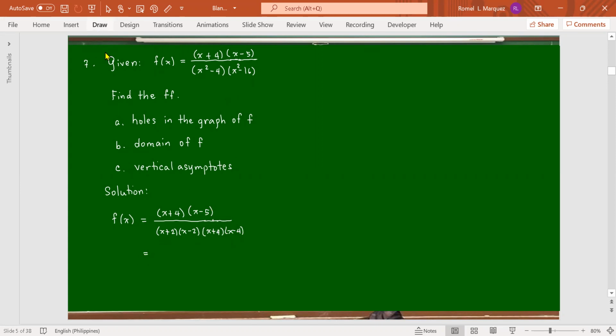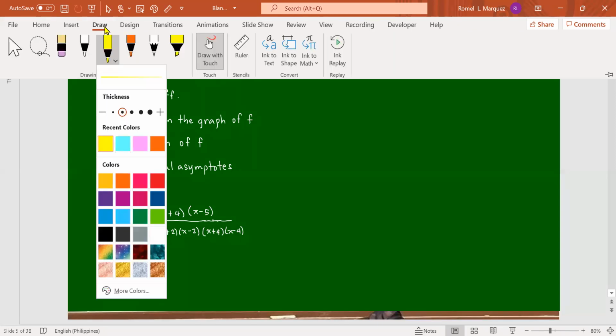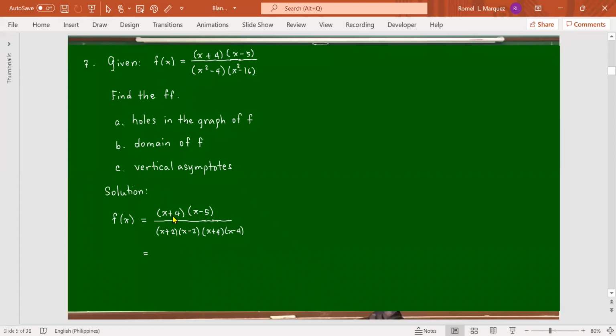So this x plus 4 is canceled out with the x plus 4 in the numerator. Getting x minus 5 all over x minus 2, x plus 2, and then x minus 4, provided we have x not equal to negative 4.